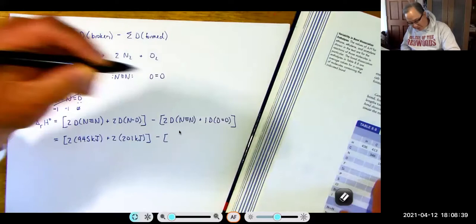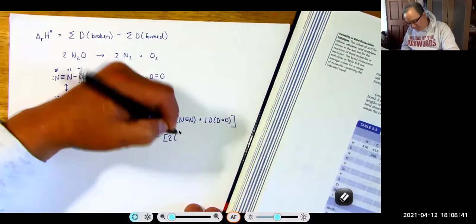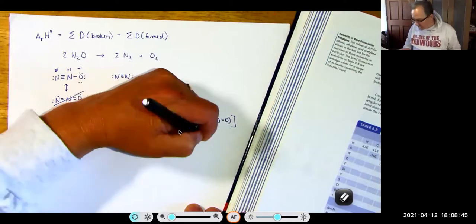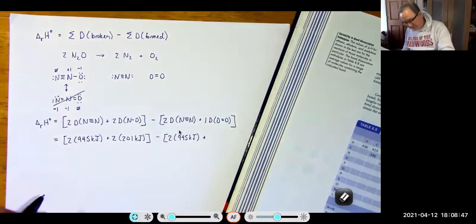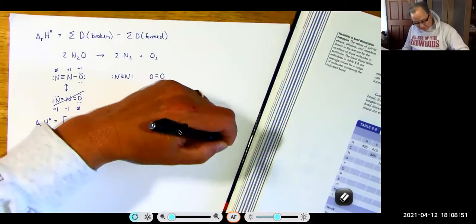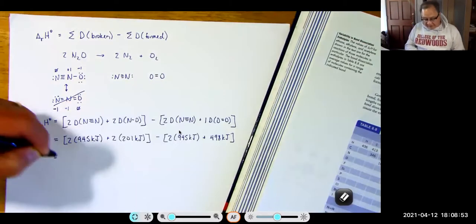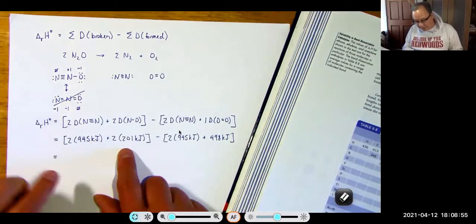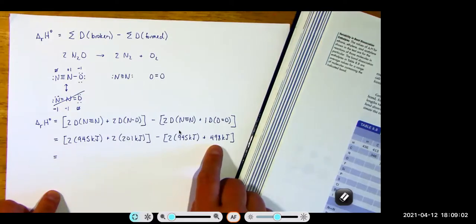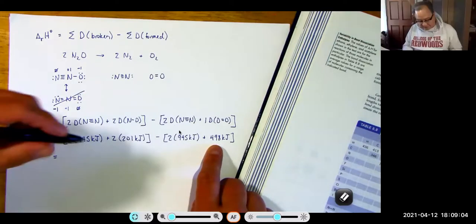And then I'm going to do 2 times 945 kilojoules again. And then the oxygen is 498. So you can see this really amounts to 402 minus 498, which is going to be what? Negative 100. Pretty close to negative 100.